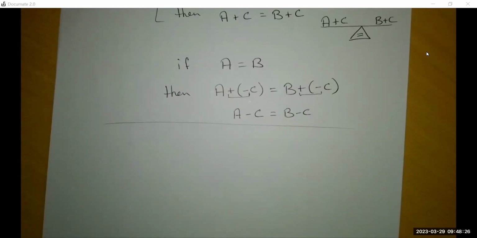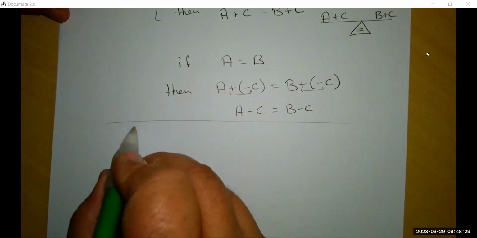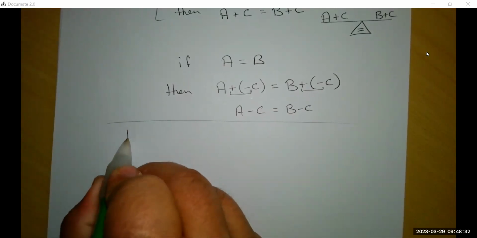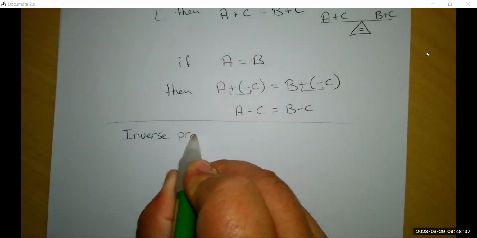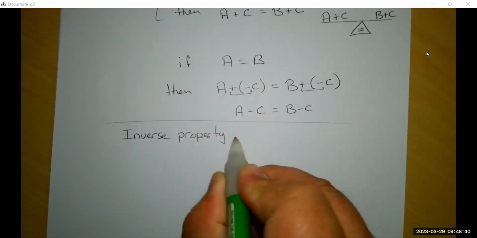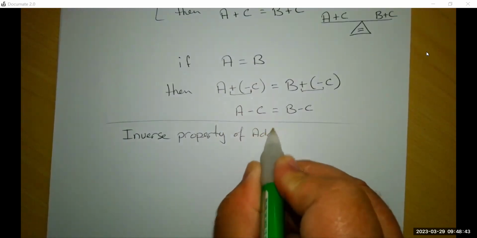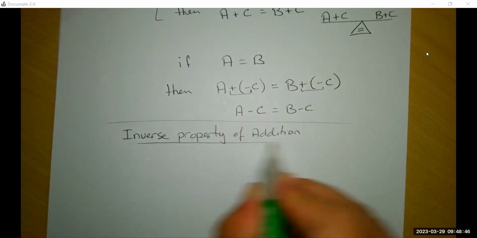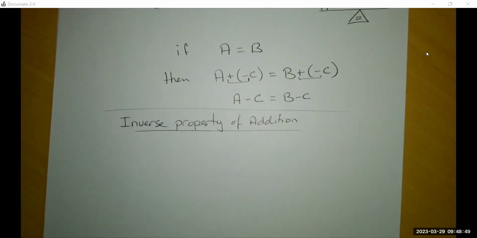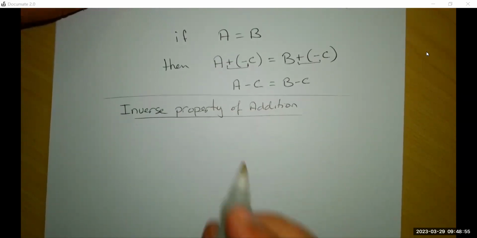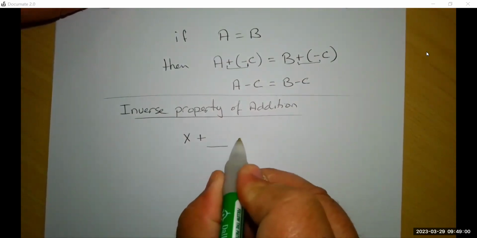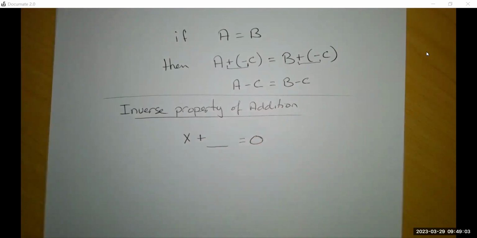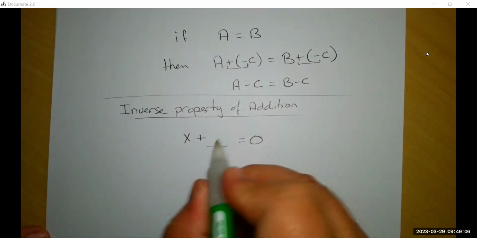Some time ago, we talked about the properties of math. The inverse property of addition. The inverse property of addition says this. If I have a number, what can I add to it to make it 0?